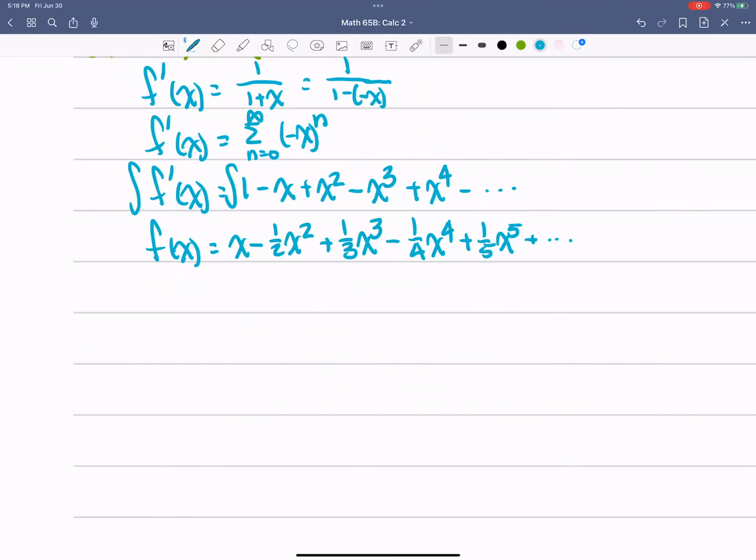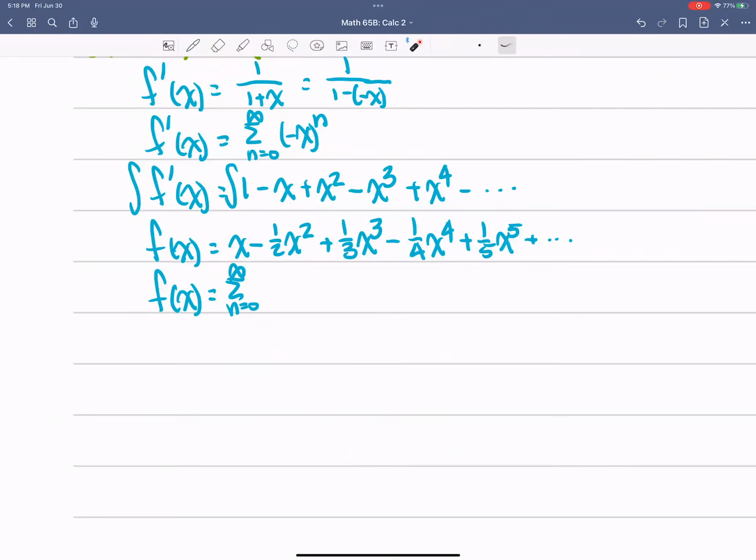And at this point, I feel like we could come up with a sum. So we could say that f of x is equal to the sum as n goes from 0 to infinity. It looks like each of these denominators matches the exponent.